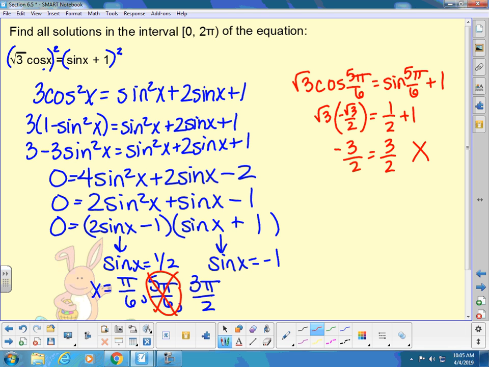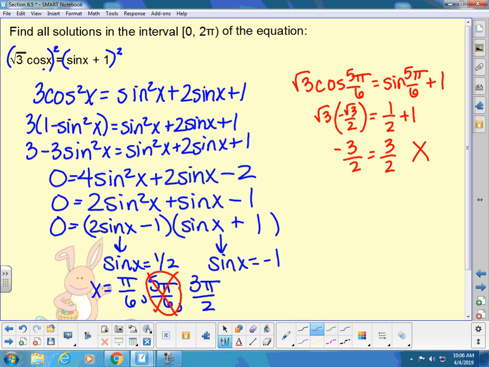Not necessarily. That would be the case if it looks like this, where one's on either side. But what if it was sine plus cosine equals a number? Because then if they're opposite signs, it could work, right? And 3 pi over 2 is 0 and -1. So those are probably the best ones to check first. That's what I do. But it could be other ones too, depending on the way it looks.